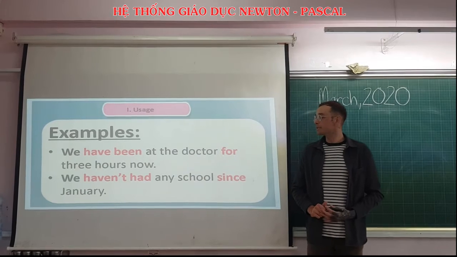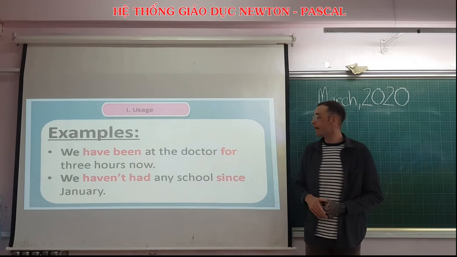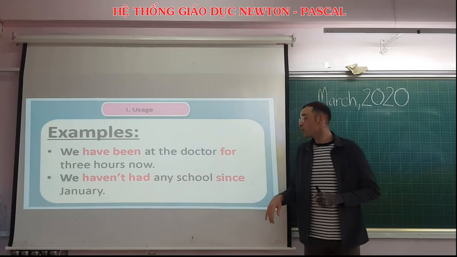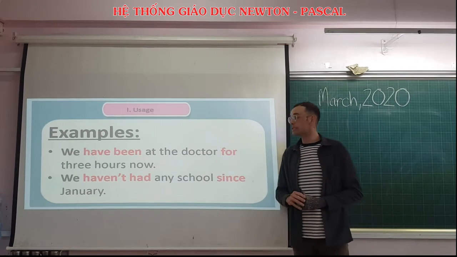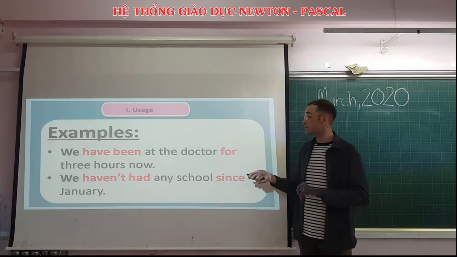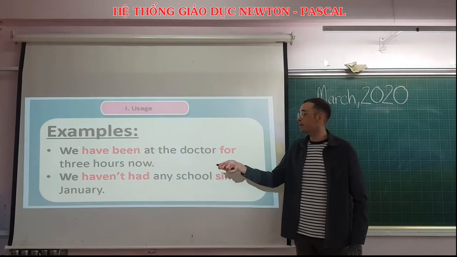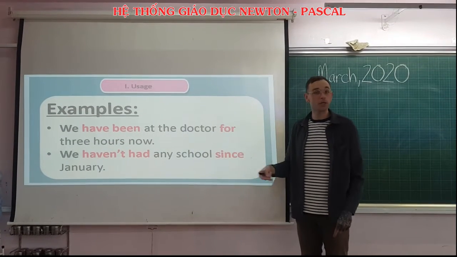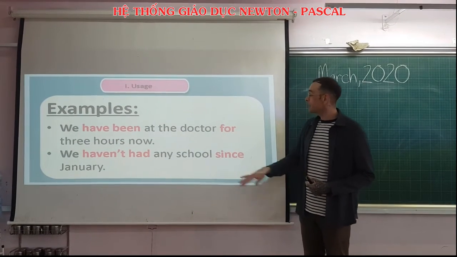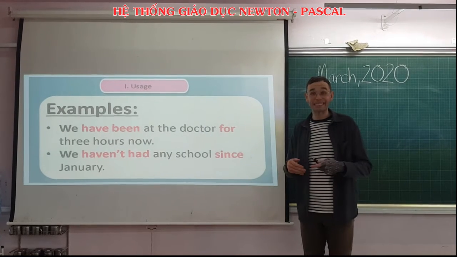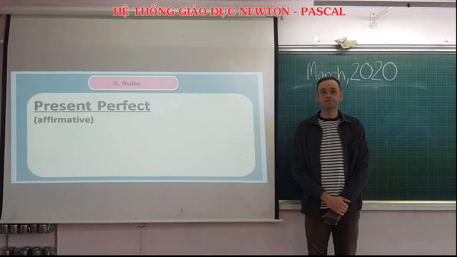Our example sentences are, we have been at the doctor for 3 hours now, and also, we haven't had any school since January. So we've talked about our present perfect verbs. Here in this sentence, have been is the present perfect, and haven't had is also the present perfect. Now I want to talk about using for and since in these sentences.